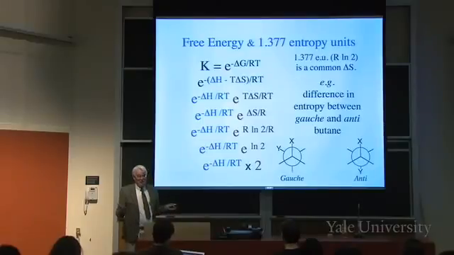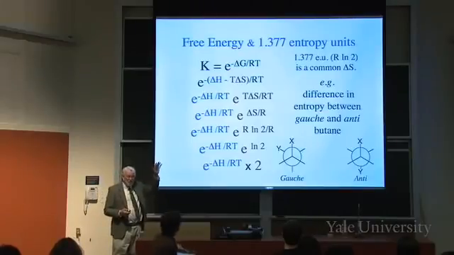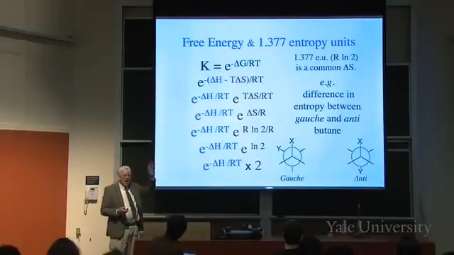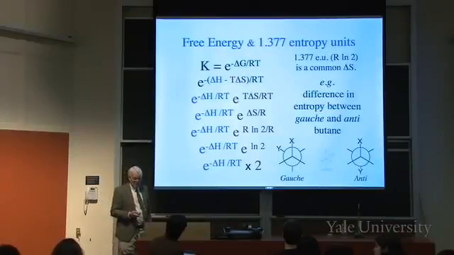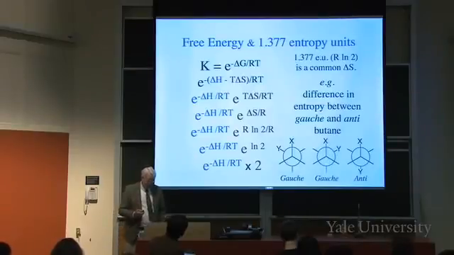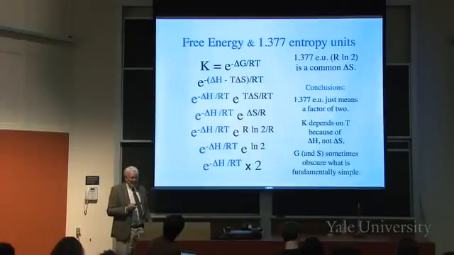It's just that there are twice as many of one as the other, right? So the fact that delta S occurs in an exponent is just a complicated way of telling you that there's a statistical factor. You have to count how many of these things there are, because you have 2 gauche butanes. So the conclusion: it just means a factor of 2, and the equilibrium constant depends on temperature because of delta H, not because of delta S.